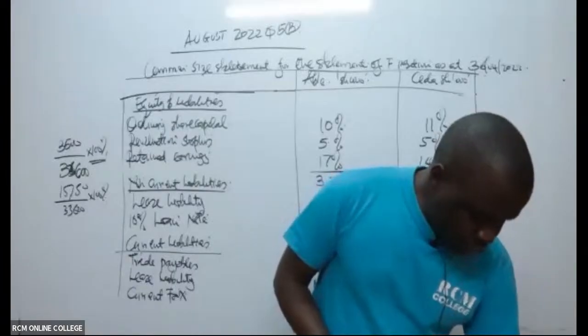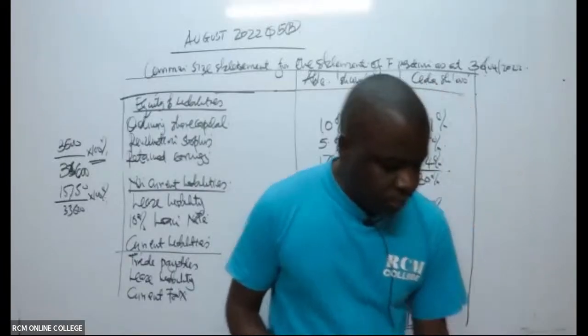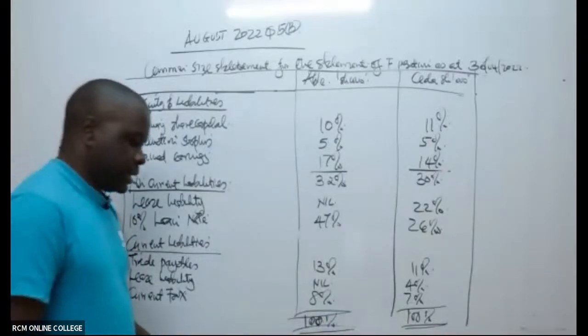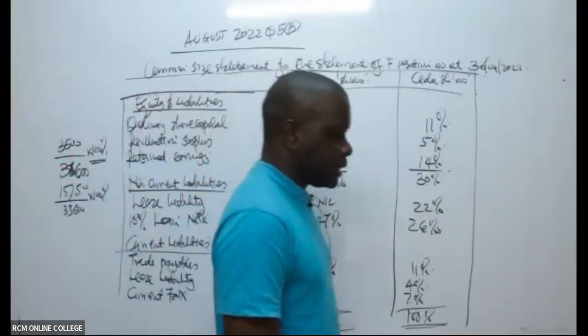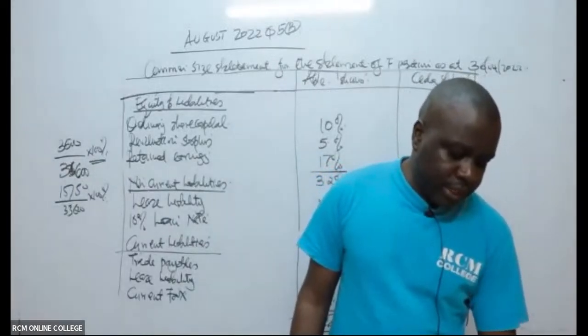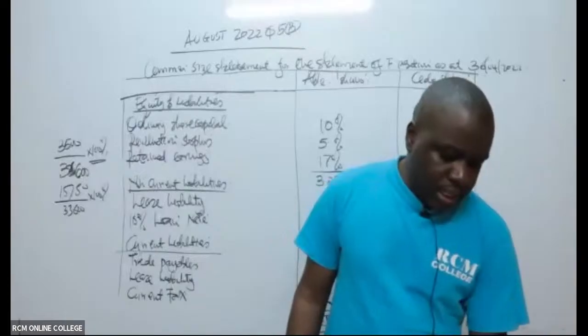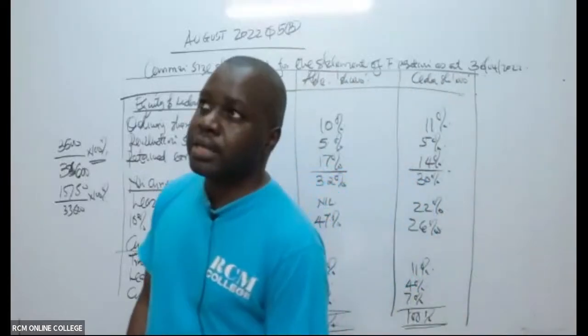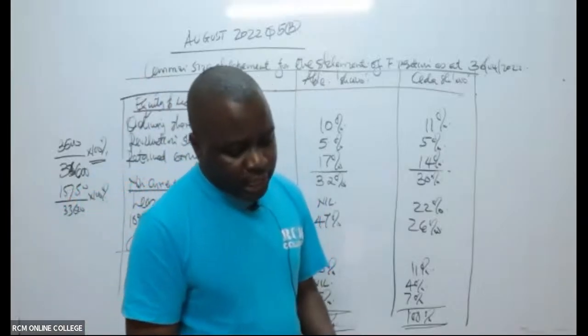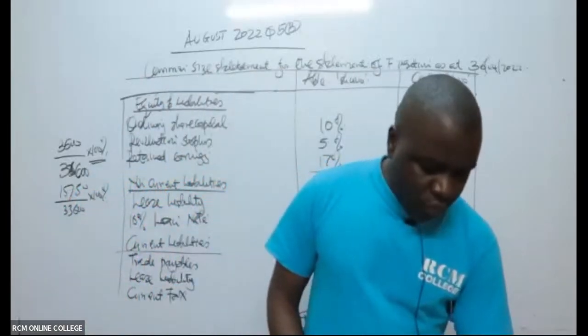So if you look at the common size statement we've prepared with regard to the profit statement, you realize the profit is actually 14% of the total sales.